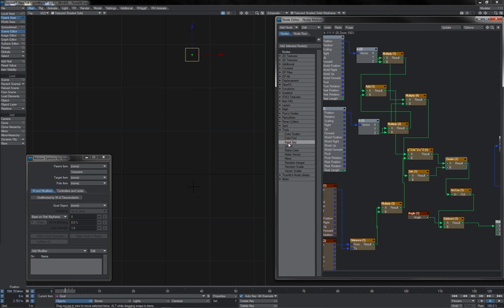If I grab at this point the good old input spy and we have a look at what's coming out of our arc costs here, we can see it's -1.#IND, which is LightWave's way of saying indeterminable. You have created a number that cannot be computed, at least not by a regular computer. And that is why everything has vanished, because the rotations have effectively become infinite, and so LightWave's gone, no thanks.